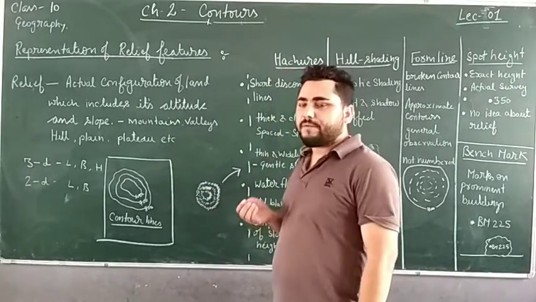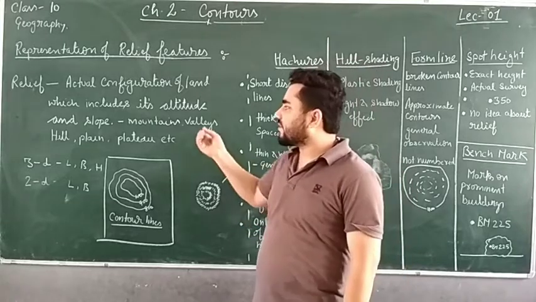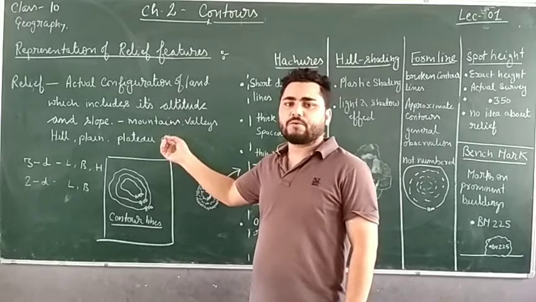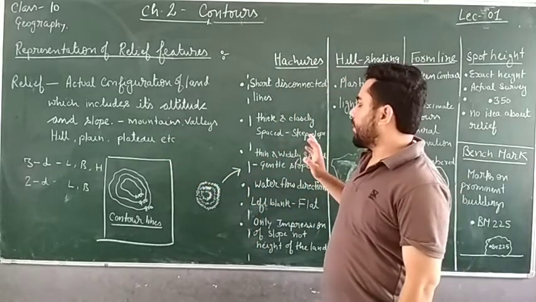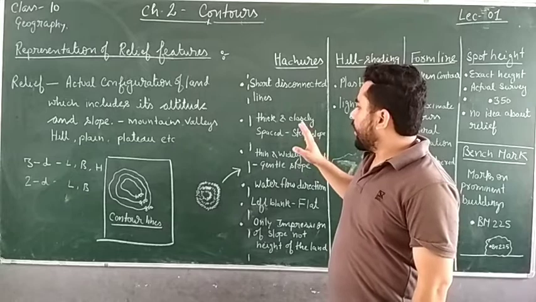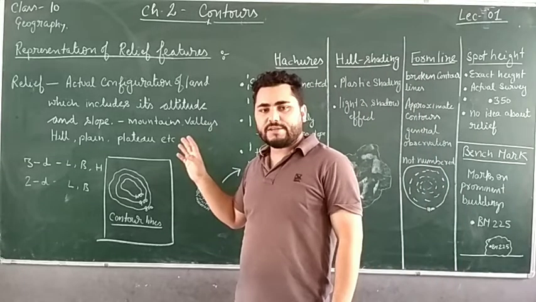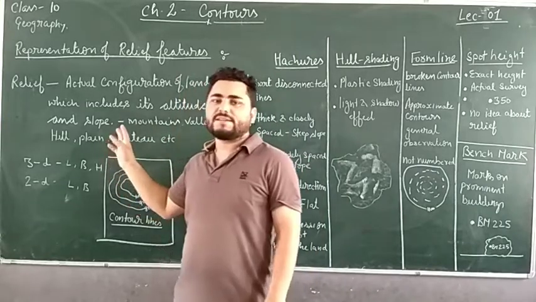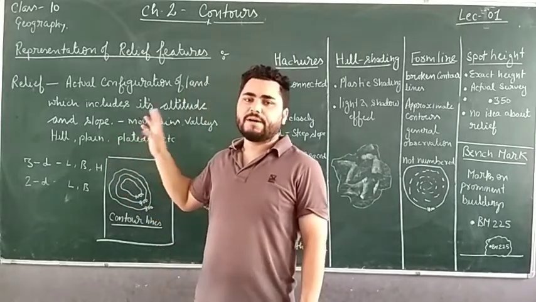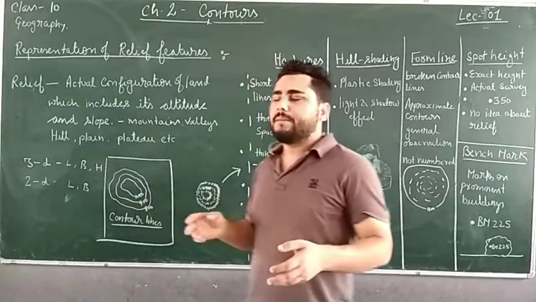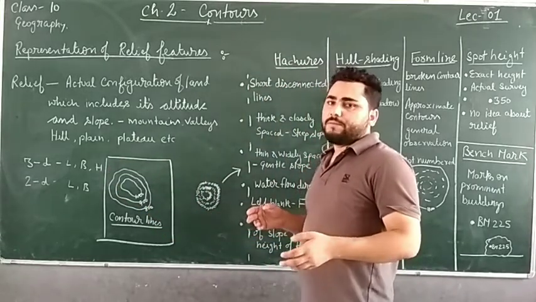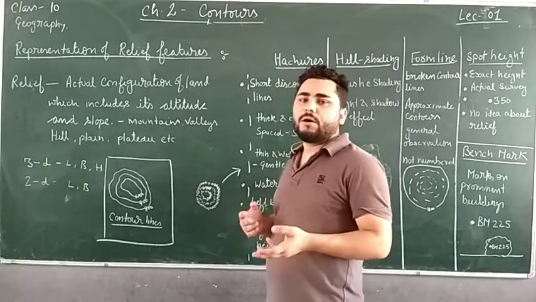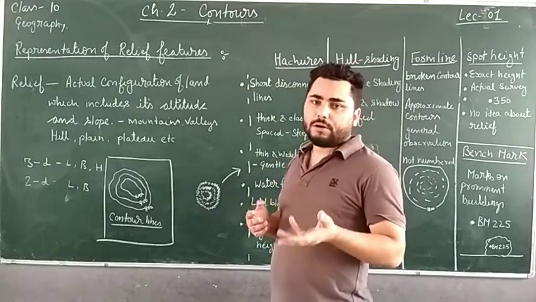The ways by which we can represent these relief features, we are going to study those ways. As we have already studied, we will have to represent these things in 2D. But still we should have some other methods by which we can have an effect of 3D on a paper or on a map.